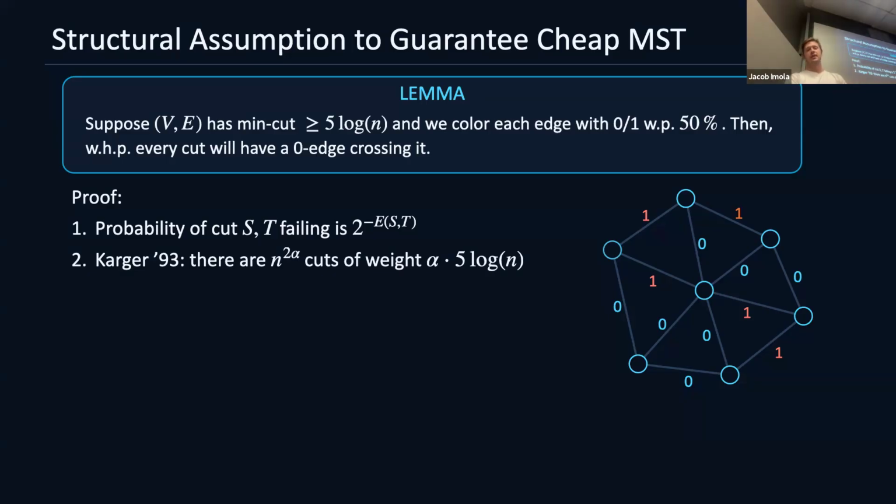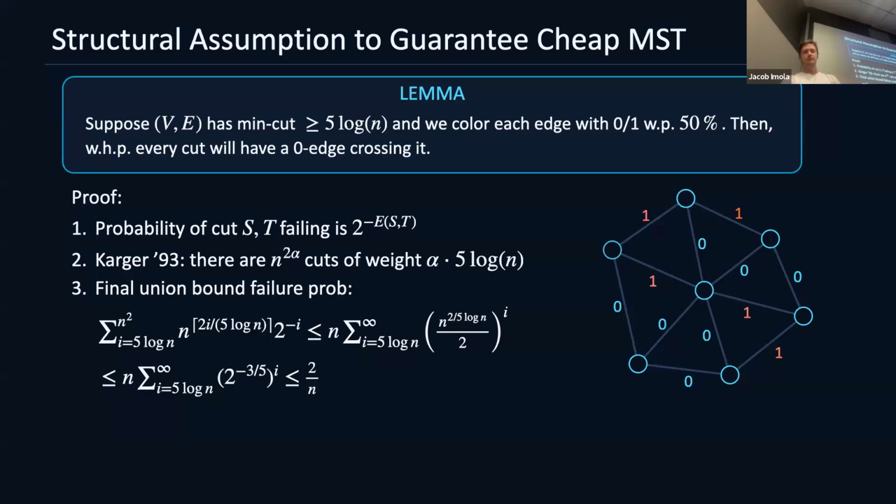So there are only n to the 2 alpha cuts of weight alpha times 5 log n, because 5 log n is our min cut. So there's the union bound failure probability. You can just sum over the cut sizes. It's a sum of a polynomial times an inverse exponential. The inverse exponential will win. So you can show that there's a high probability bound on failure, like 2 over n when you sum all this out.